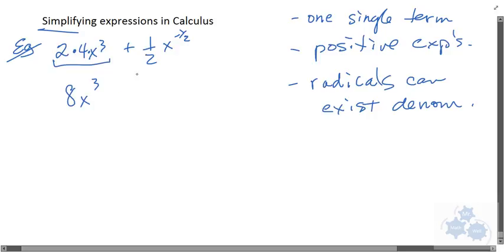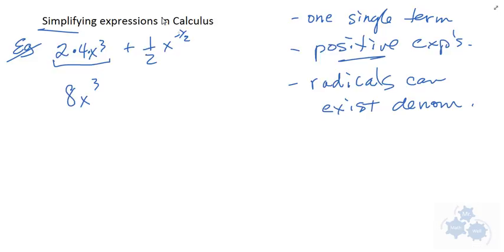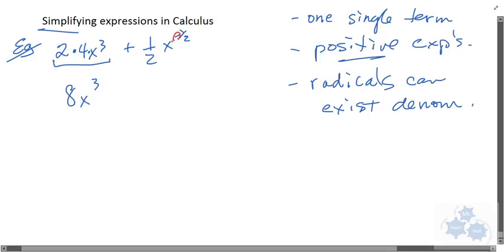Now this one over here, what did we say? Positive exponents, right? So we don't really want this negative there. And if you recall, if you have a negative exponent on a variable, how do you get rid of that negative exponent to make it positive? Yeah, flip it over. So if it's in the denominator, you move it up to the numerator. If it's in the numerator, like this one is, we would move this whole term down to the denominator.